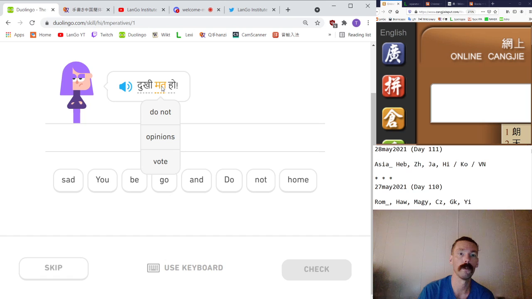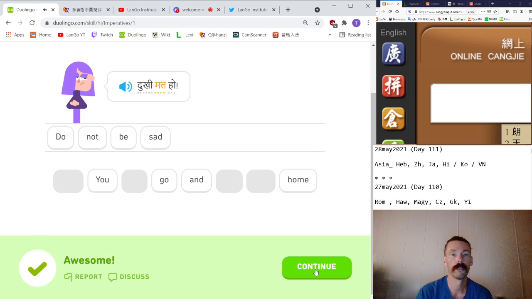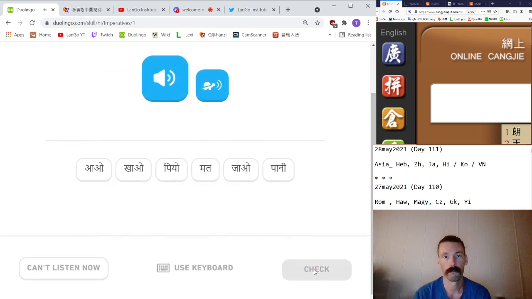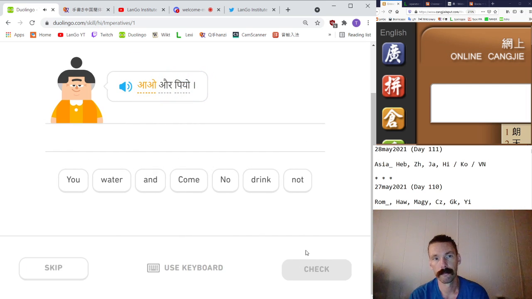Dukhi mat ho. मत: do not. Mat ho. Interesting. A special prohibitive negative. पानी मत पियो. आओ और पियो. Ao or pio.